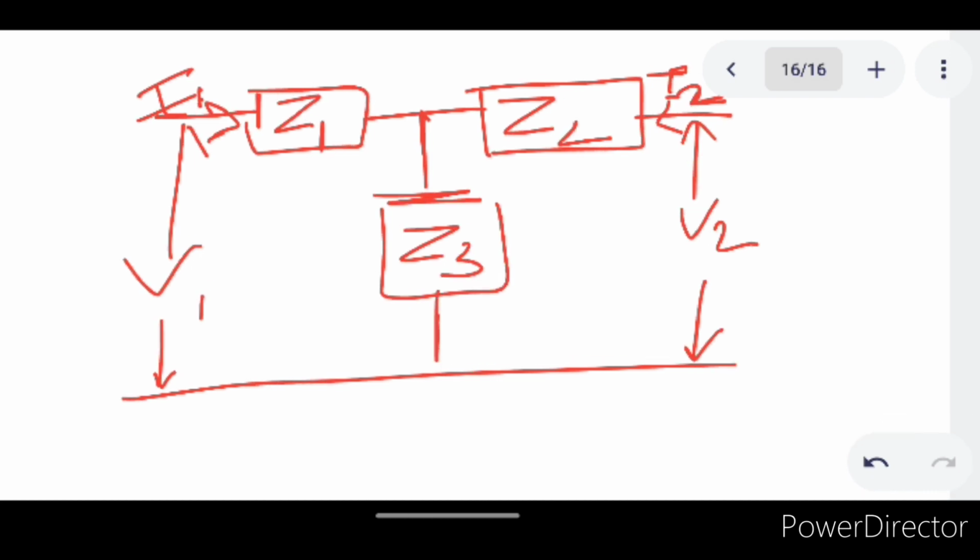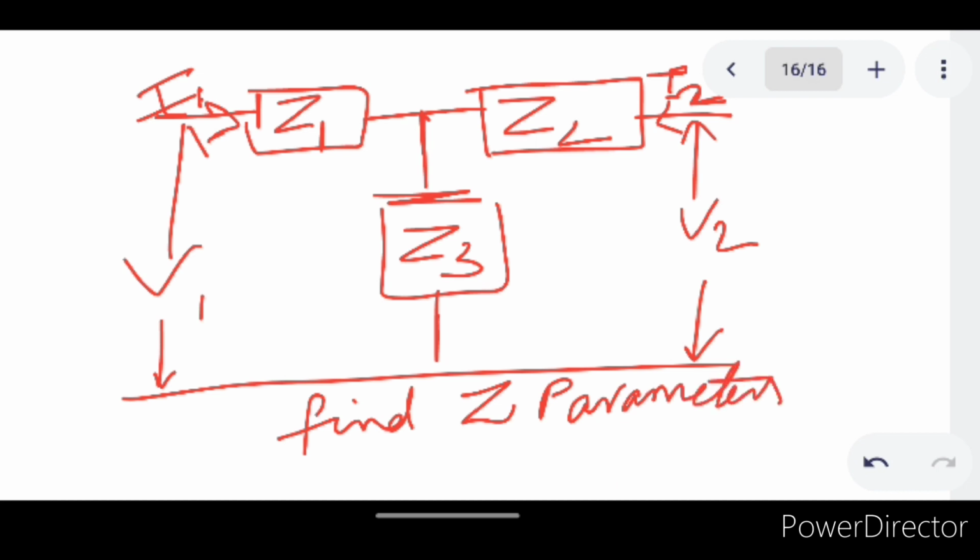Now we have to find the Z parameters. We can solve this problem by taking the currents as 0 or by using KVL equations. Let me use taking currents as 0.